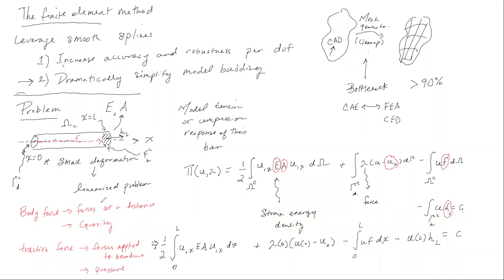So you can see why the body force is integrated over the entire body, because we're assuming every particle is experiencing gravity simultaneously, whereas tractions are applied at specific points on the boundary. Those are the ways that you can input energy into a mechanical system. Awesome, thank you.